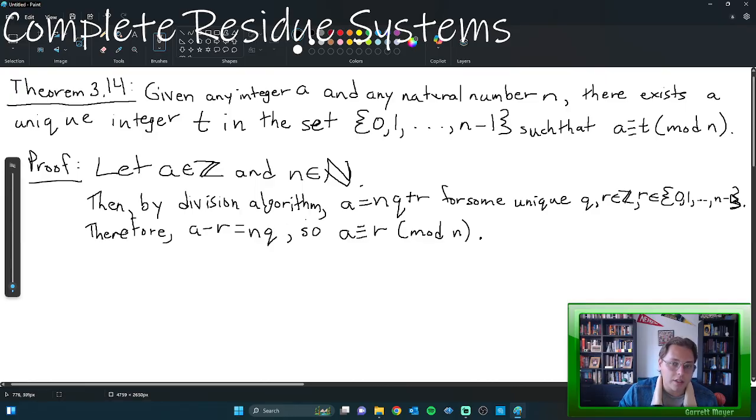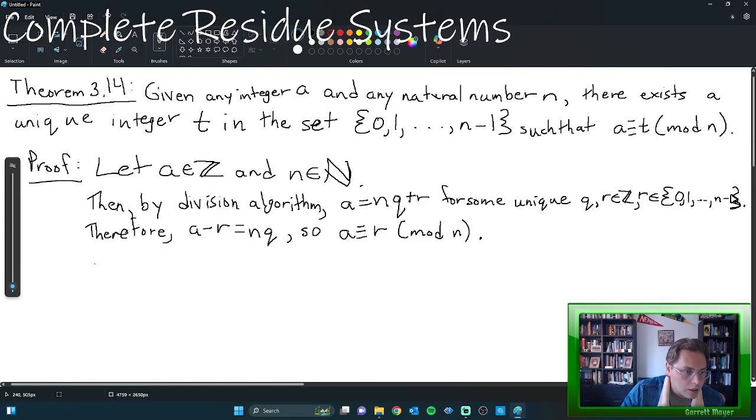Because if we have a different r from that set, then q would have to be different. It would mean that A minus r equals nq for some different value of q. But then this would not be a unique solution to the division algorithm. So this r that we found exists in this set of numbers 0 through n minus 1, and it's unique. It uniquely satisfies this equation that shows congruence.